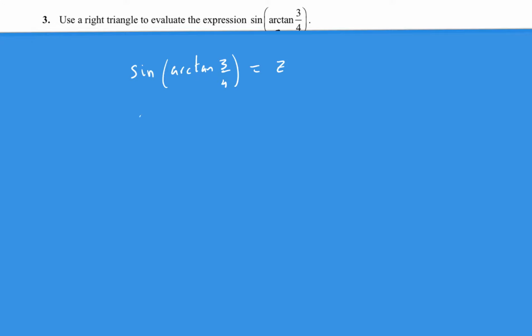So the expression that I will have is sine of y equals zeta, where y is arctangent of 3/4. Let's solve for y. To solve for y, I will apply the inverse function of arctangent, that is tangent of y.